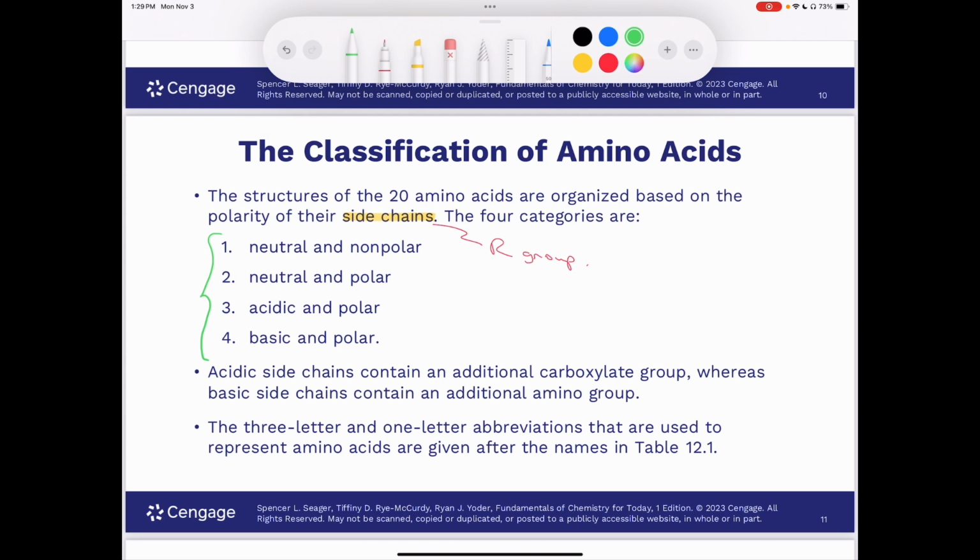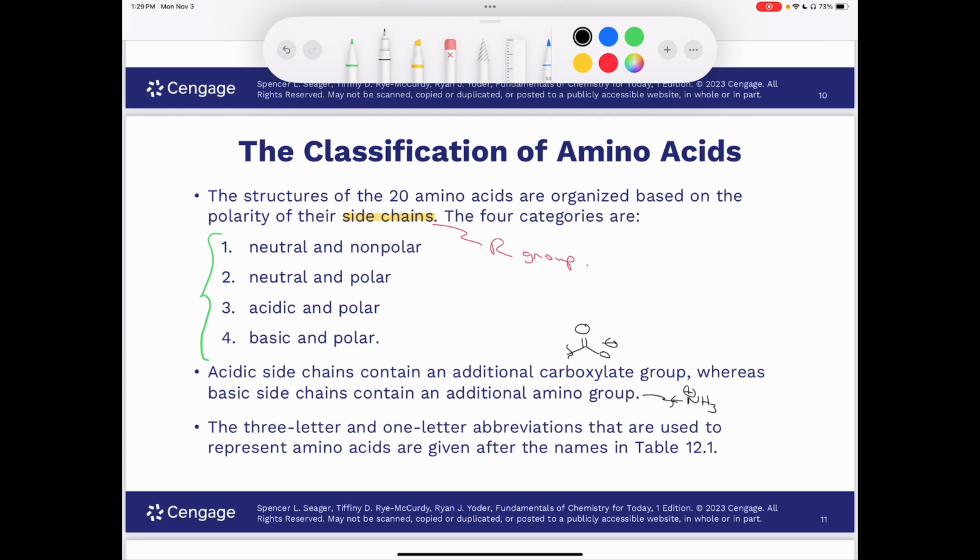The next one is neutral and polar. Then we have acidic and polar, and basic and polar. So acidic side chains are going to contain some kind of additional carboxylate group. So if you see an extra carboxylate group in your amino acid, it means it's acidic. Whereas the basic side chains are going to contain some kind of additional amino group, something maybe like that.